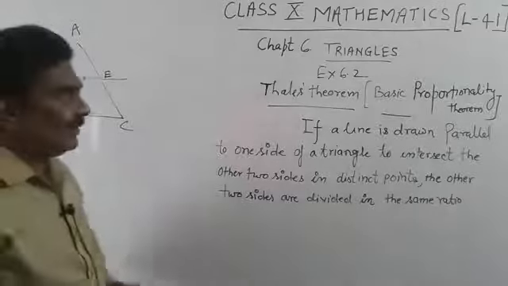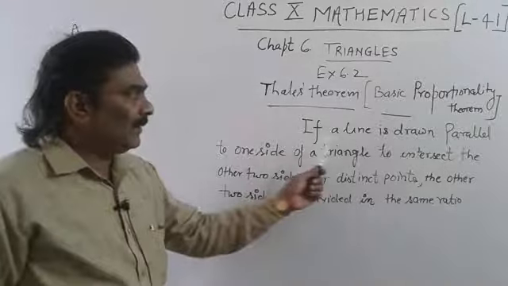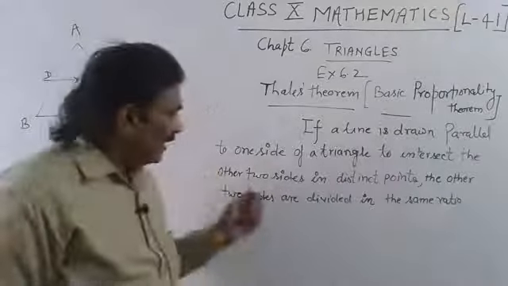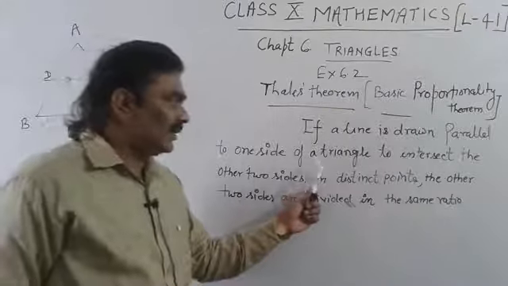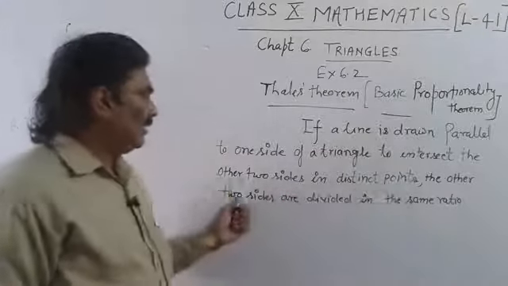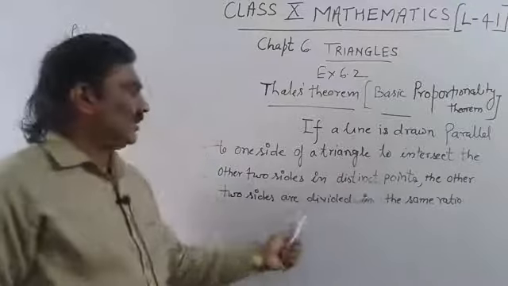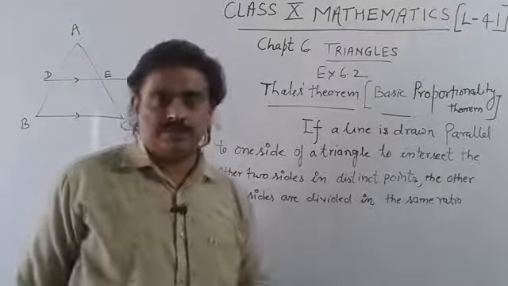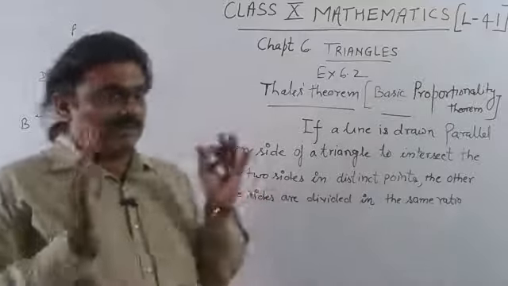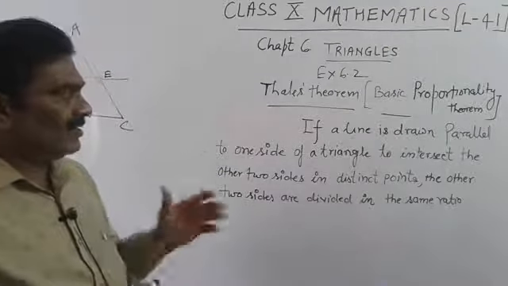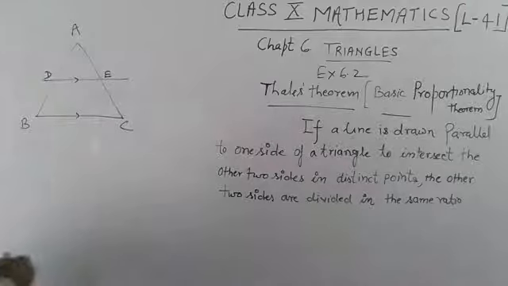The statement is, according to Thales theorem, if a line is drawn parallel to one side of a triangle to intersect the other two sides in distinct points, the other two sides are divided in the same ratio. Students, the simple way to understand this statement: first of all we should have a triangle ABC.